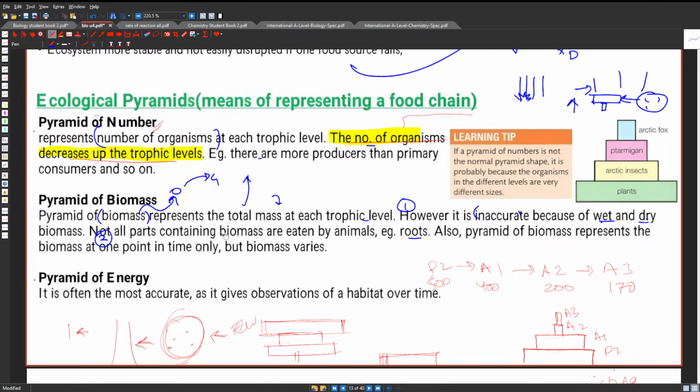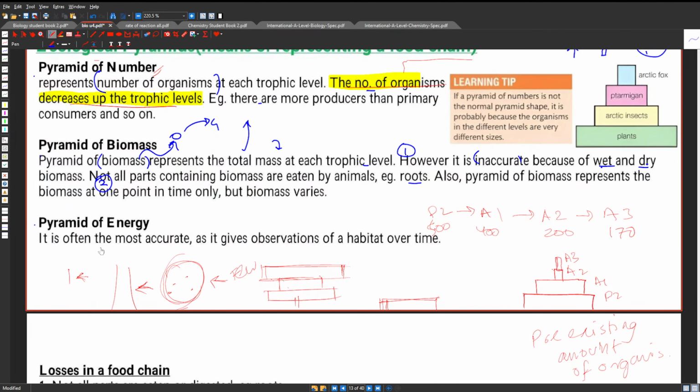Okay, so yeah, it's fine. Pyramid of energy, it's often the most accurate. It gives observations of a habitat over time. The last point I didn't actually mention is that pyramid of biomass represents the biomass of every organism in there, but only at that specific time. Because remember, even dry mass increases as the organism develops, right? So even that is not a proper thing because it's just over a single period of time.